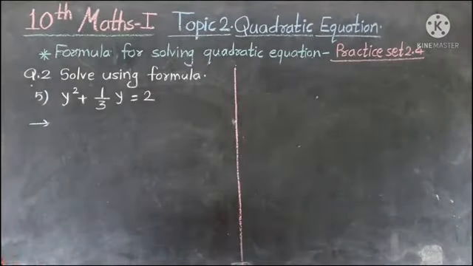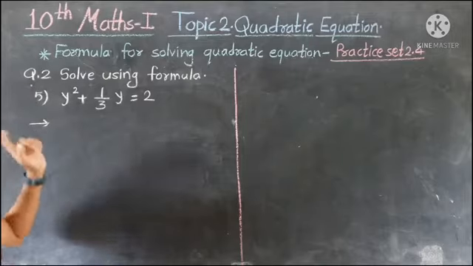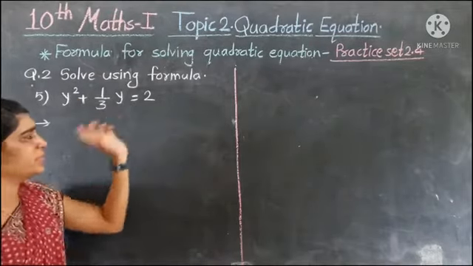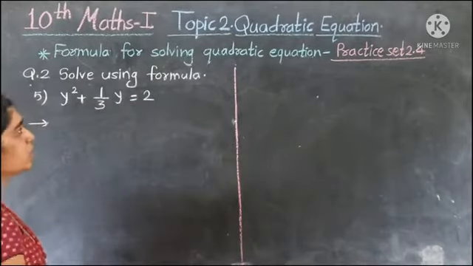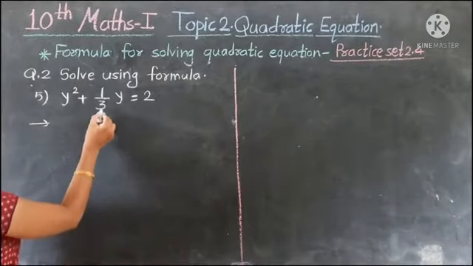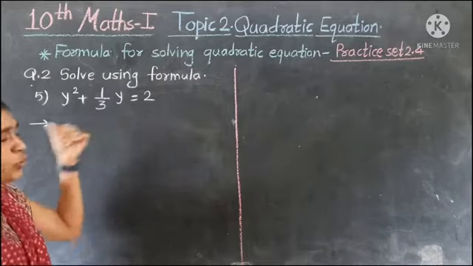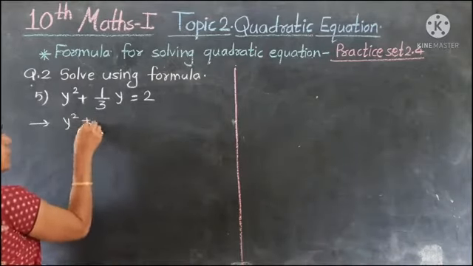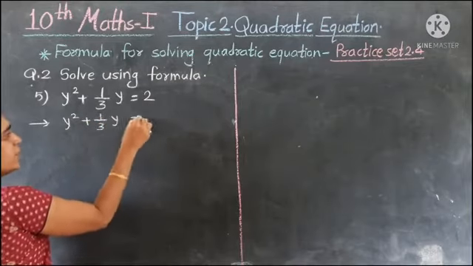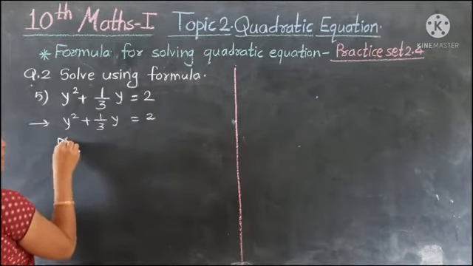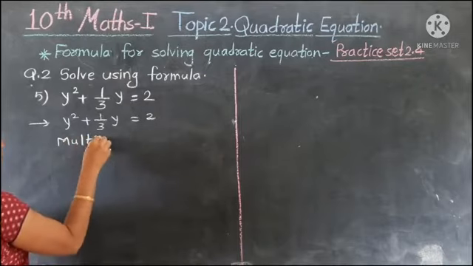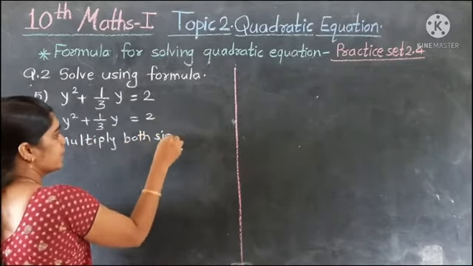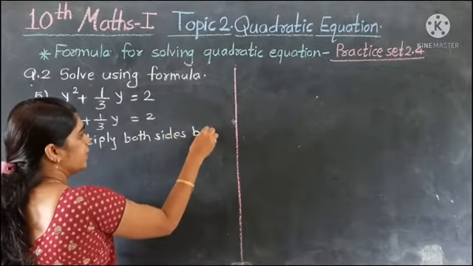See students, in question number 2, fifth example, y square plus 1 upon 3y is equal to 2 is given here. So here the denominator is 3, so you multiply both sides by 3. First you write y square plus 1 upon 3y is equal to 2. Multiply both sides by 3.